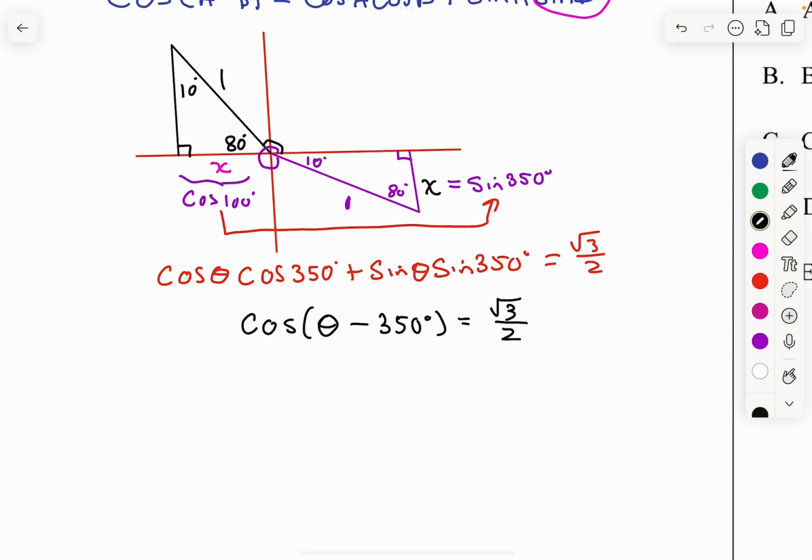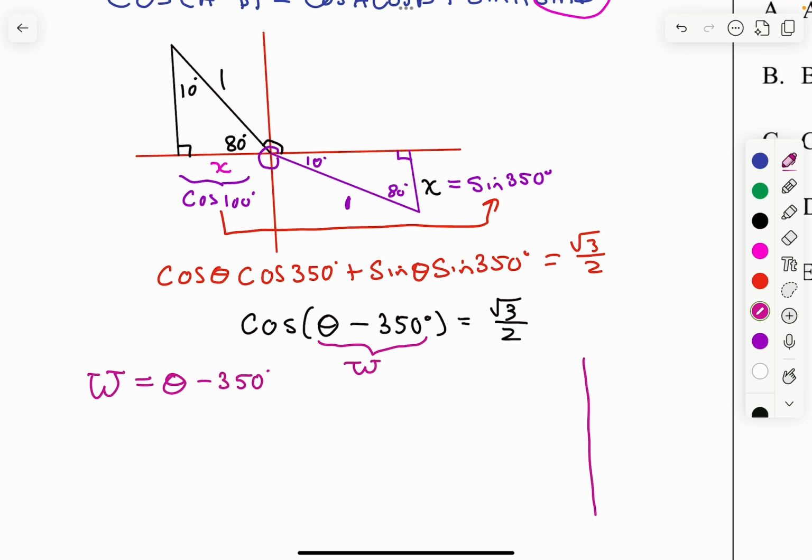That was actually a little bit of work and we're still not done. But I do recognize root 3 over 2 as a special angle. So let's call this thing W for a minute. Let's see what kind of angles have a cosine of root 3 over 2, and then we'll make this theta minus 350 adjustment when we need to. So off to the side, let's just recall what we're doing.